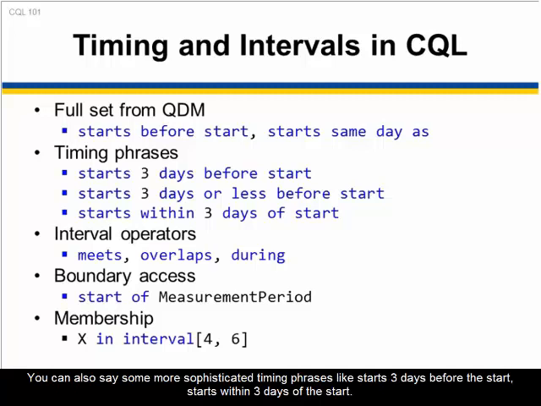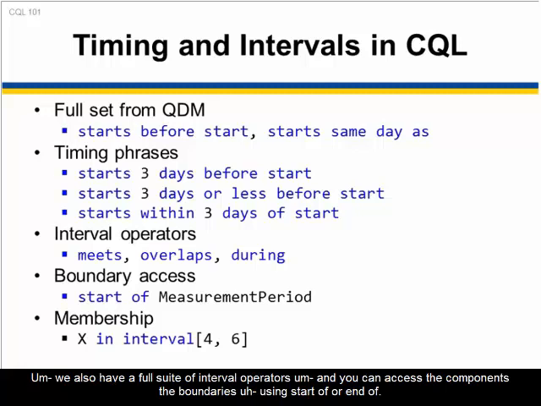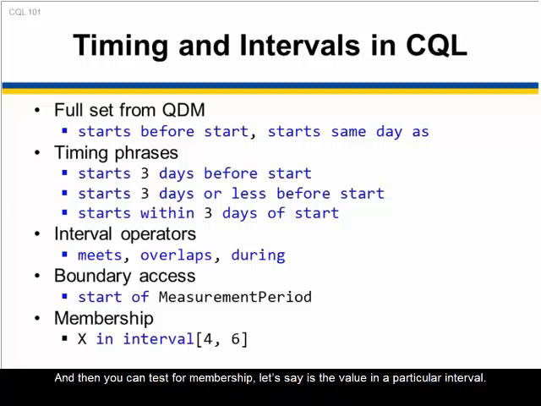You can also say some more sophisticated timing phrases like starts 3 days before the start, starts within 3 days of the start. We also have a full suite of interval operators, and you can access the components, the boundaries, using start of or end of. And then you can test for membership. You can say is a value in a particular interval.